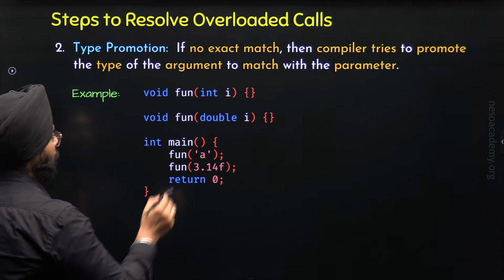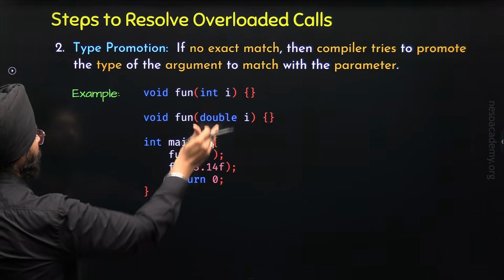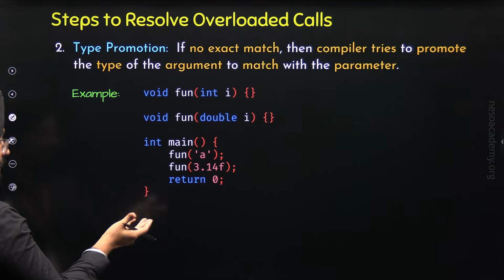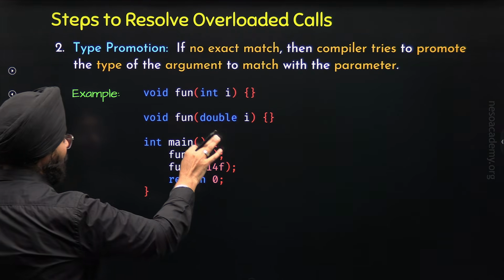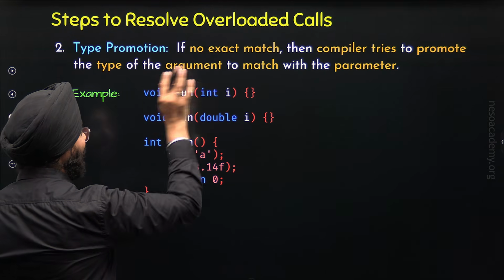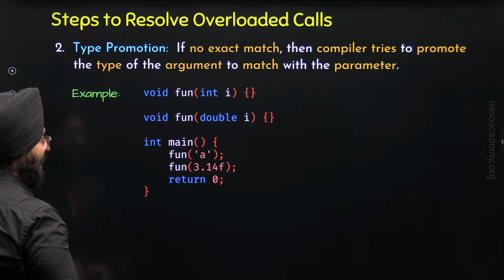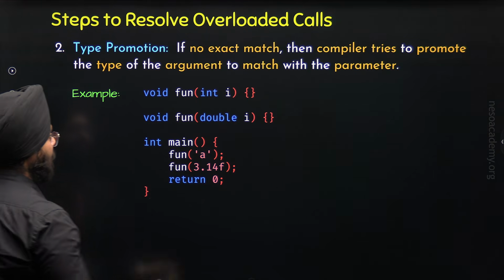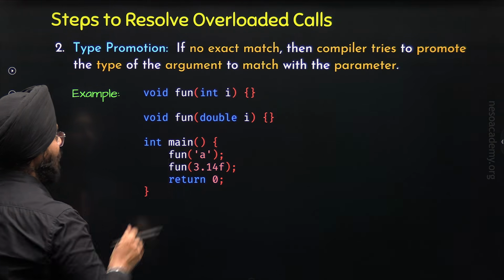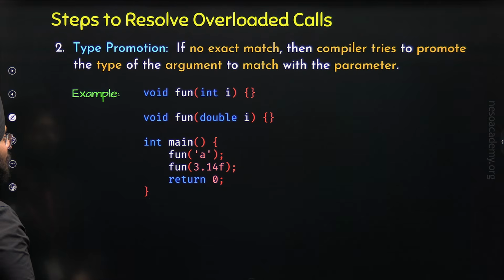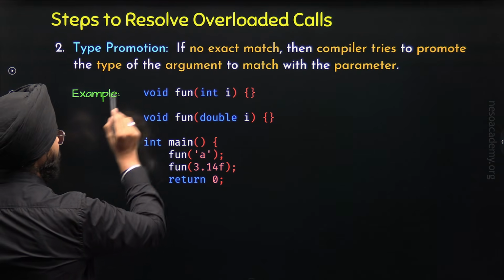So clearly, this character must be converted to an integer type. The second reason is character is a lower type compared to integer. Therefore, it makes sense to convert this character type to integer. So this function will be resolved to this definition.